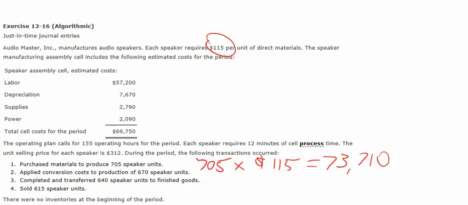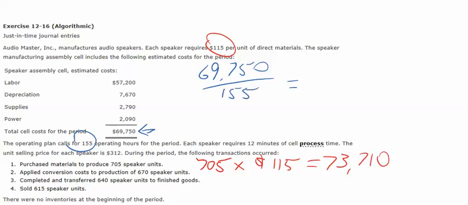The next one is apply the conversion cost for the production of 670 units. We can calculate my conversion costs, which are the 69,750, divided by the hours of 155. 69,750 divided by 155 equals $450 per hour.